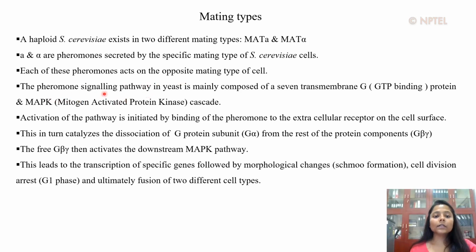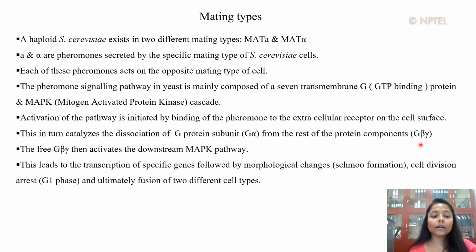The pheromone signaling pathway in yeast is mainly composed of a 7 transmembrane G protein coupled receptor and a MAP kinase cascade. Activation of the pathway is initiated by binding of the pheromone to the extracellular receptor on the cell surface. This in turn catalyzes the dissociation of the G protein subunit G alpha from the rest of the protein components, that is G beta gamma.